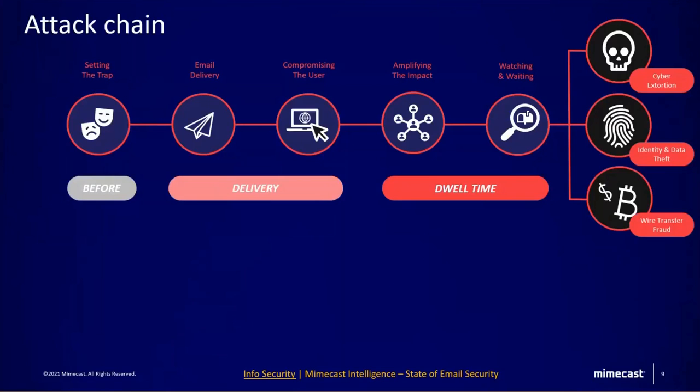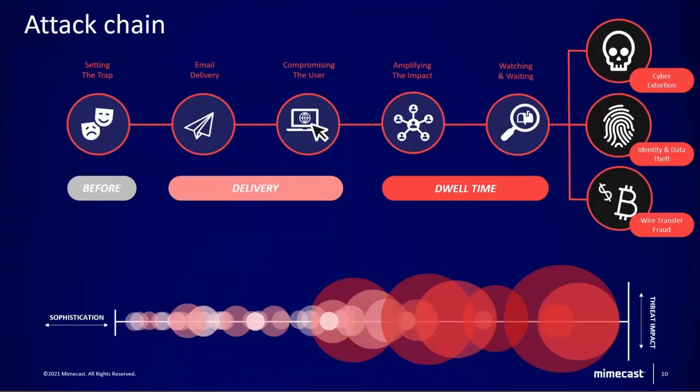Now, this attack chain plays out hundreds of times every day against your customers, against your organization, against organizations globally. And as we saw earlier, this is only getting worse as, first of all, the sophistication is getting higher, the threat impact is getting much higher, as shown by the attack we spoke about a little bit earlier, and the threat vector is not going away anytime soon.